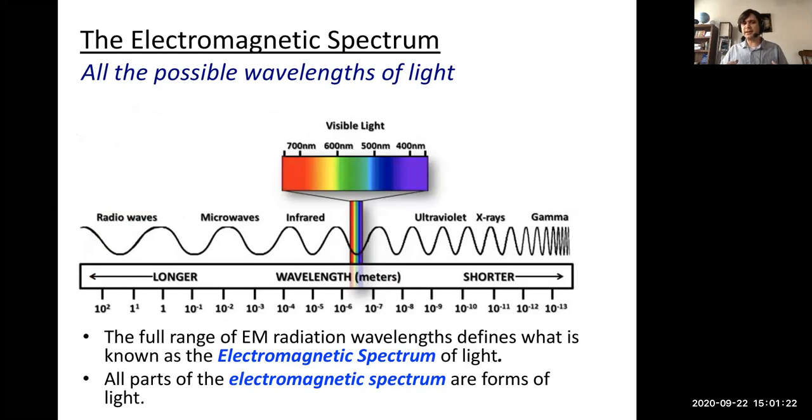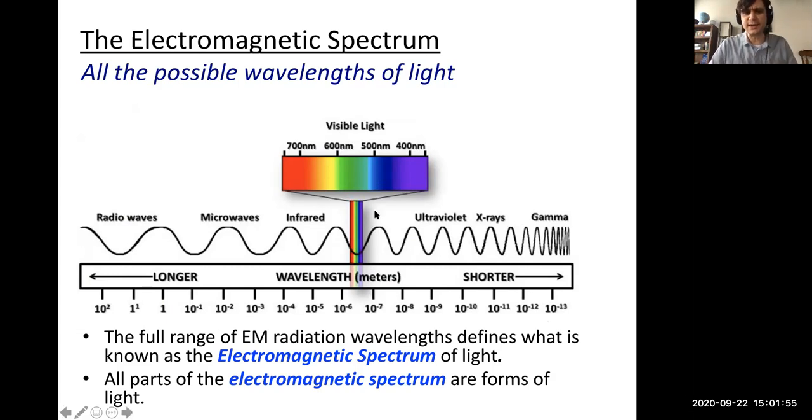We can divide the entire electromagnetic spectrum up by their wavelengths, from the absolute biggest wavelengths to the smallest of the small wavelengths, and look at all the possibilities of light spread out according to their wavelength.